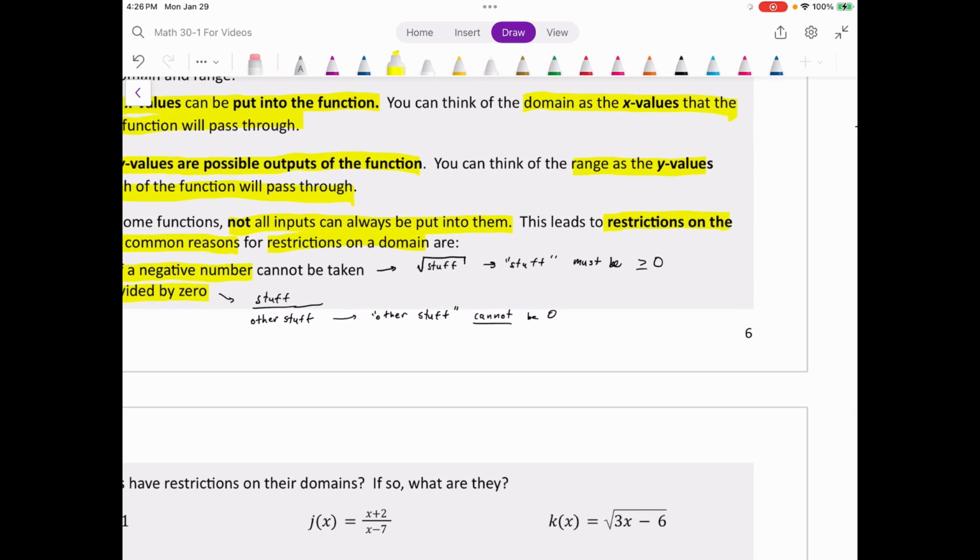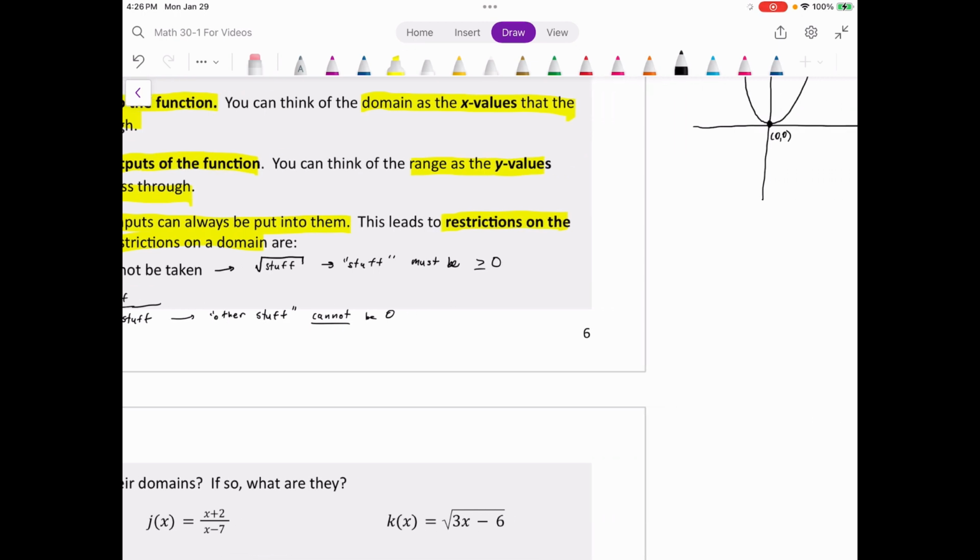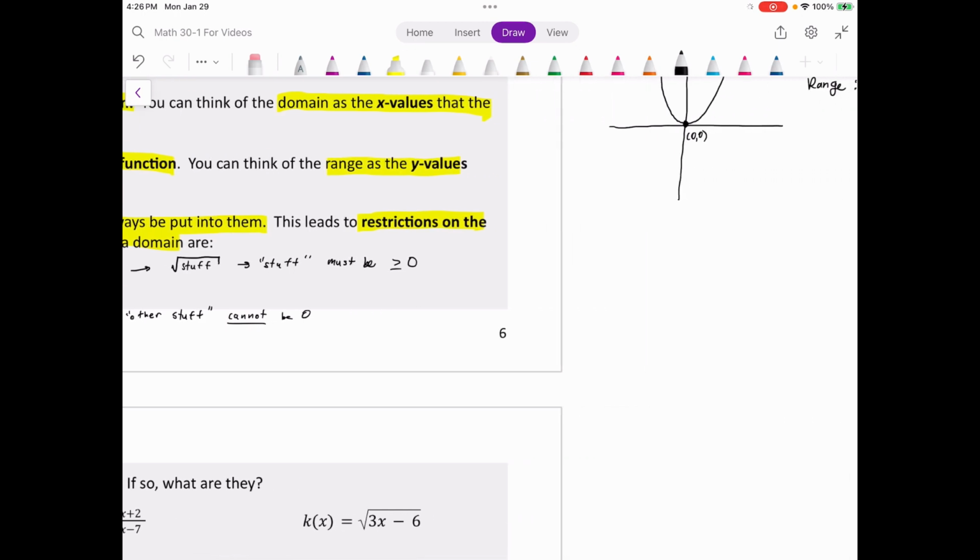Again, the reason you can't take the square root of a negative, remember, the square root of a number, if I say the square root of 4, for example, what that's saying is the number that when you multiply it by itself equals 4, right? The square root of any number, even if I just put an x there, the square root of x is the number that if I multiply it by itself will equal x, right?